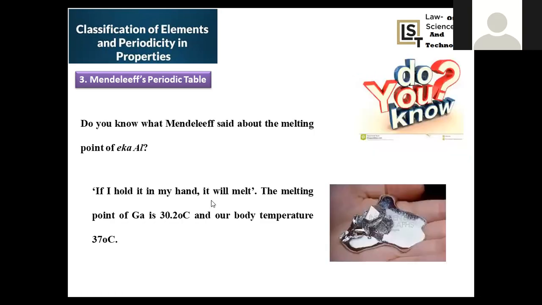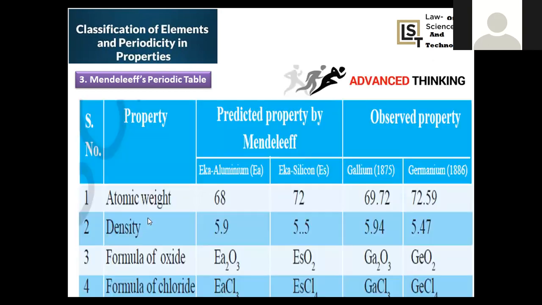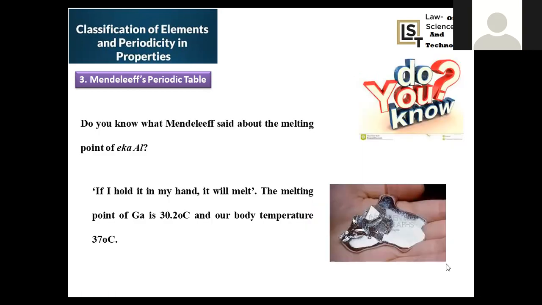And one more interesting thing in the Mendeleeff periodic table: do you know what Mendeleeff said about the melting point of the element after aluminium? Aluminium is followed by gallium, right?